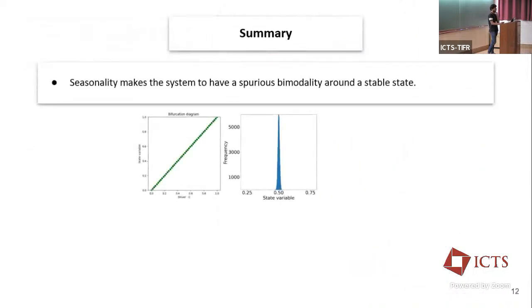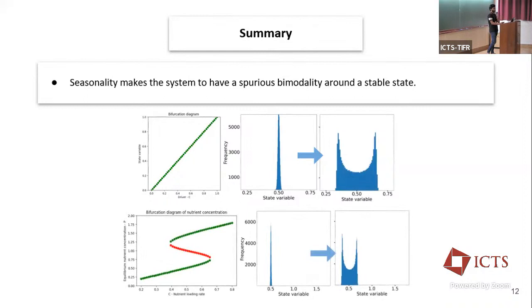So to summarize, seasonality makes the system have a spurious bimodality around the stable state for period timescales comparable to the system's recovery rate or time scale.